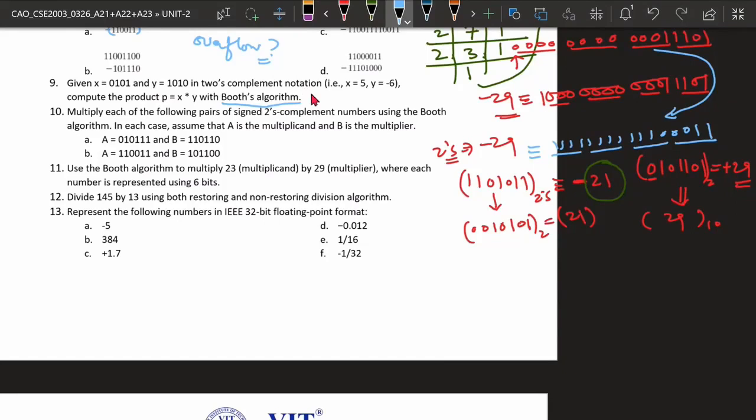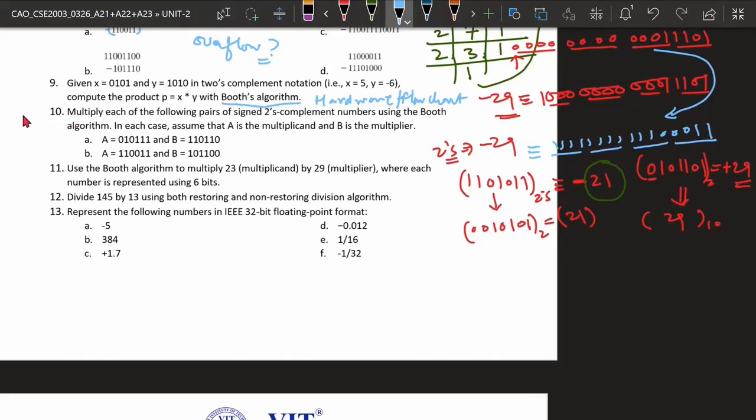There is a flow diagram given, and also the hardware used for designing Booth's algorithm. Just go through the hardware and flow chart, and follow the steps given in the flow chart. You will get the result.